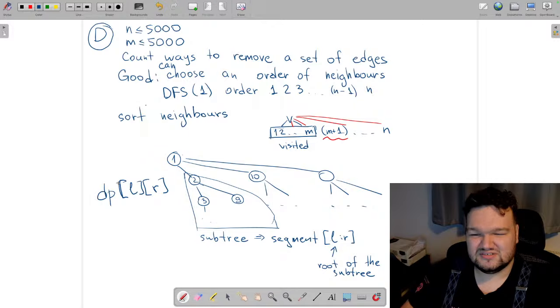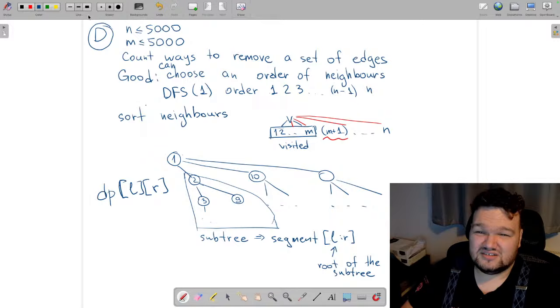Let's call it T. So this will be the number of trees, and we will also have a DP for not full subtrees.